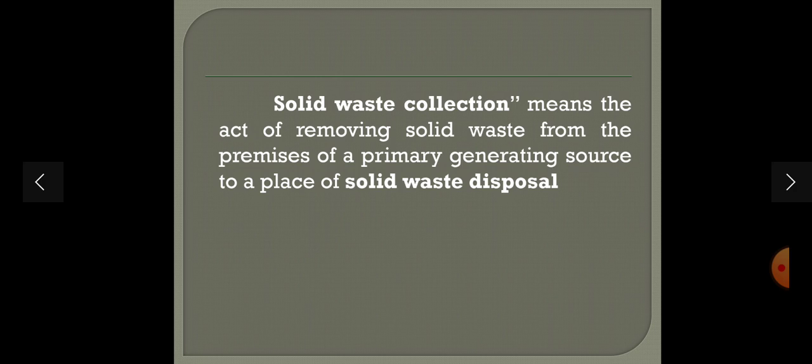These small containers are usually handled manually, but larger containers will be heavier, so they will require mechanical handling. The containers mainly fall under two categories: one is stationary, the other is hauled containers. That we'll be discussing later.